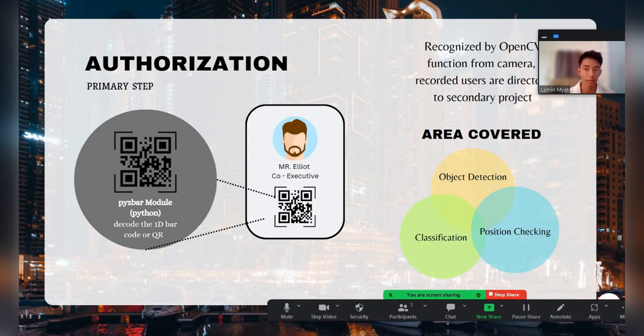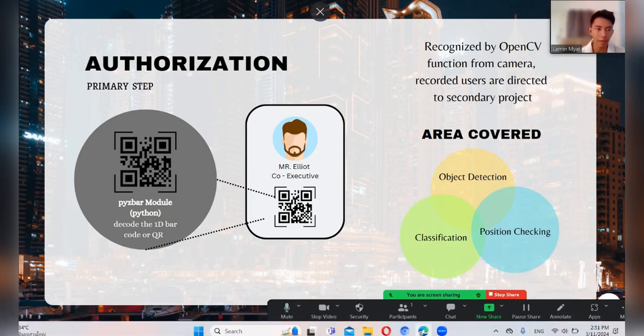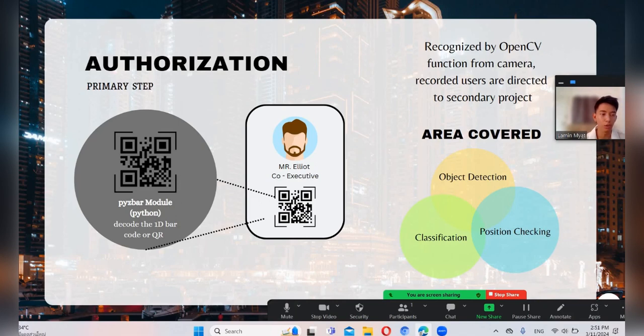In the authorization step, we are using OpenCV functions and we record the user information, and when the user is authorized, as documented inside a text file, we direct the process to the next functions.